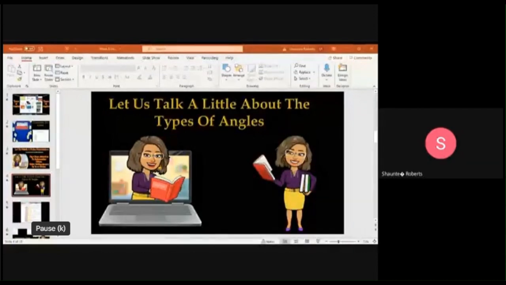Therefore, for an acute angle, the measurement would range from how much? What would it start at? 1 degree. Remember that an acute angle measures more than 0 degrees but less than 90.